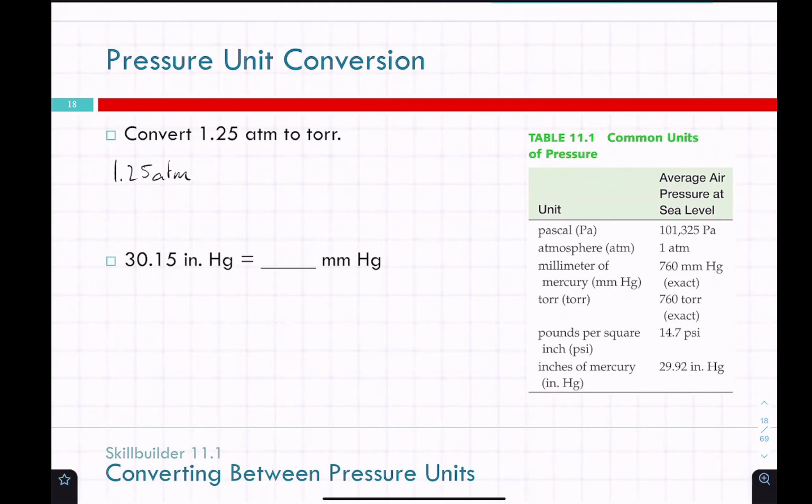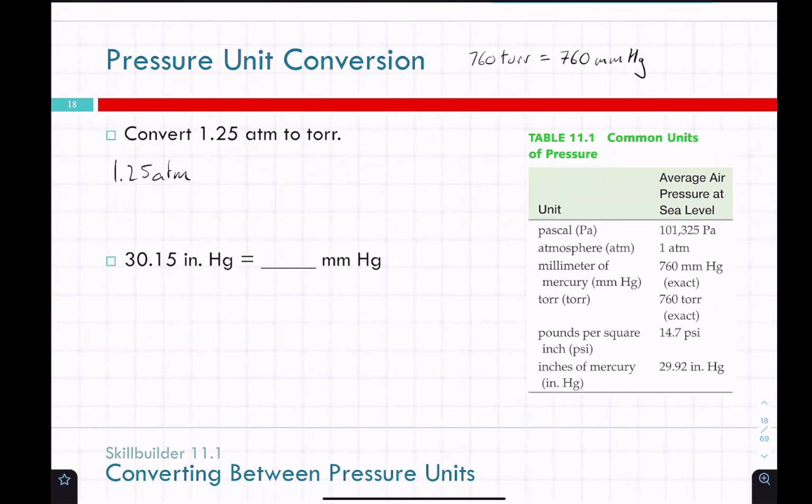Wouldn't it be, if there's 1.25 atmospheres and they represent the same amount of pressure, just using a different unit, wouldn't it just be 1.25 torr? Oh, I see what you're saying. Not. So that works for just between torr and millimeters of mercury. So those ones are 1-to-1 exactly the same.